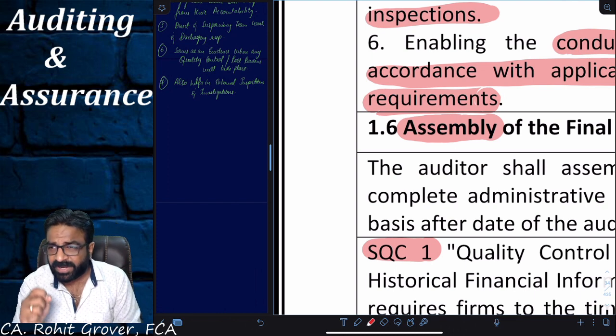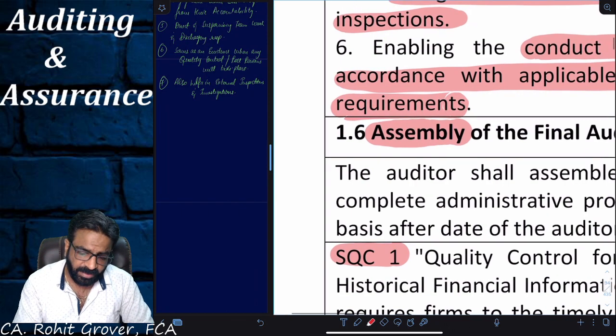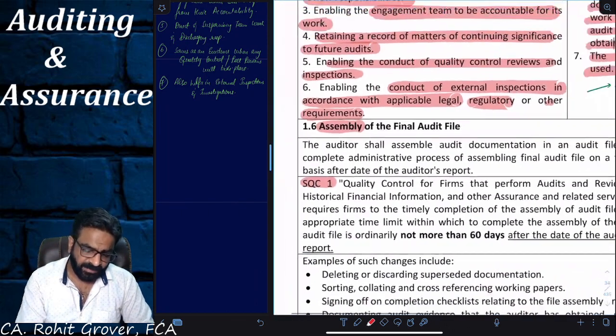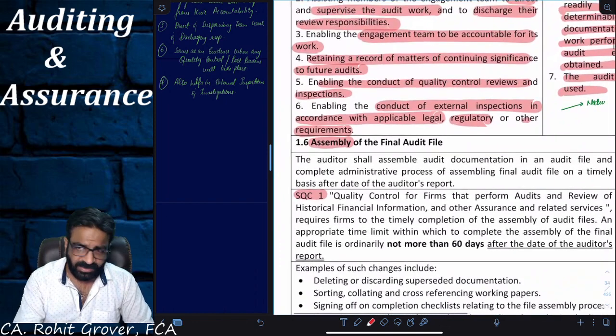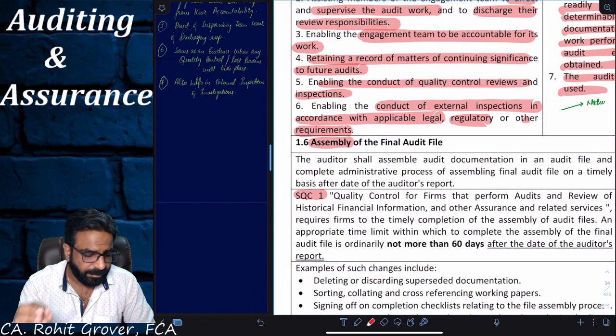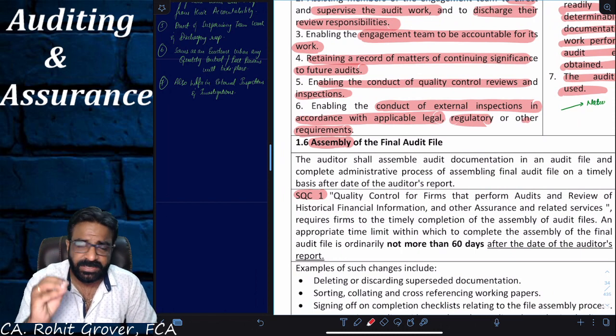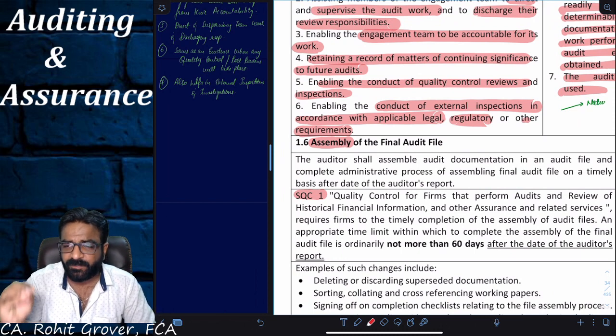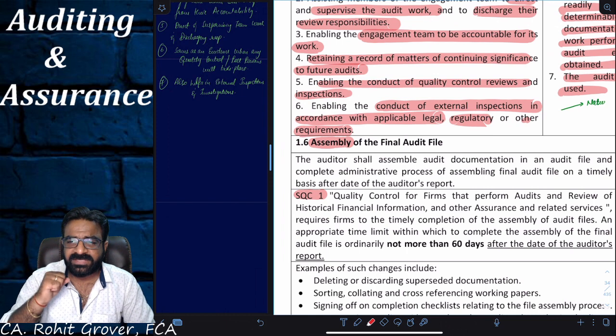Yes. So proper assembling of your final audit file is very important, and make sure that the moment your audit is over, within 60 days, you prepare the assembling of your file. Sir, what do you mean by assembling?